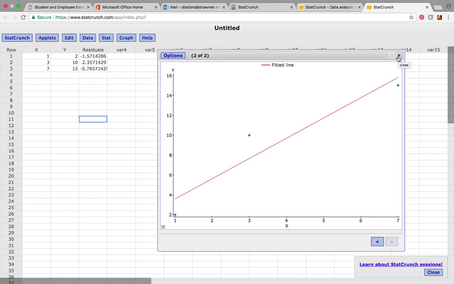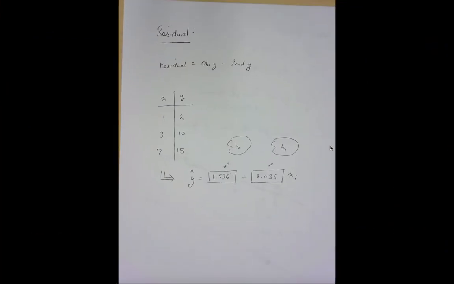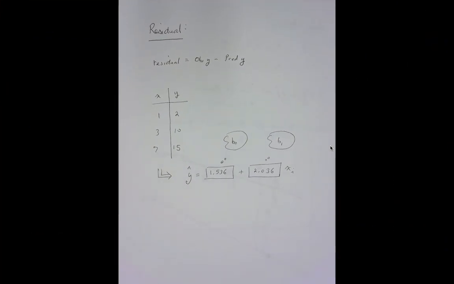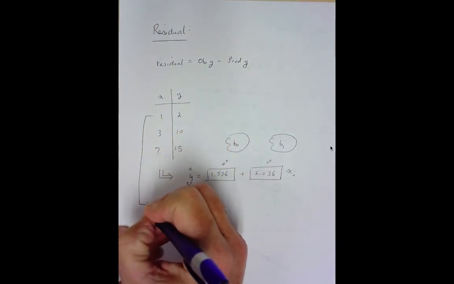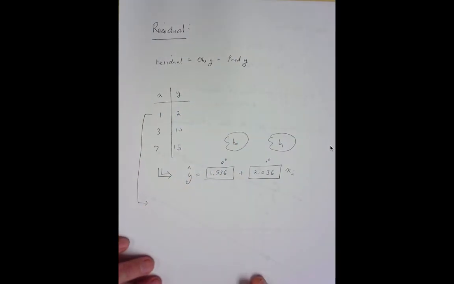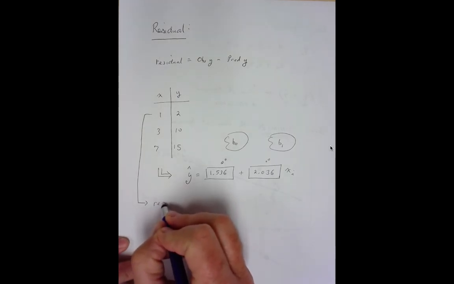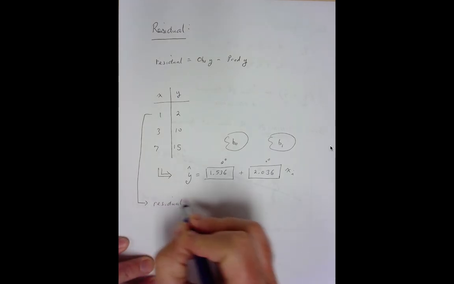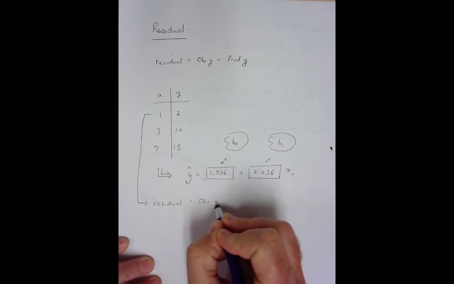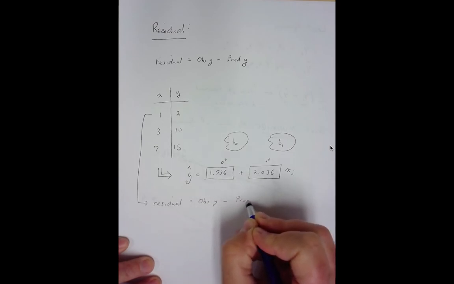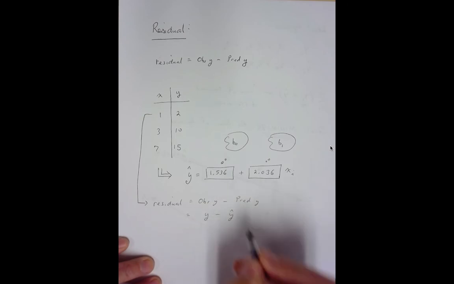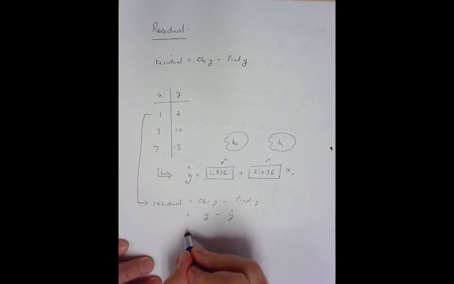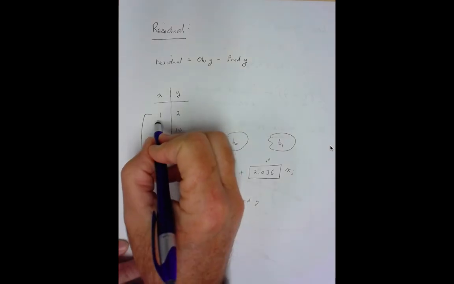All right, gang, let's go back and examine more about a residual. How do we calculate a residual for the first observation? Remember, a residual is the observed y minus the predicted y, so it's y minus y hat. Our observed y for the first observation is 2.